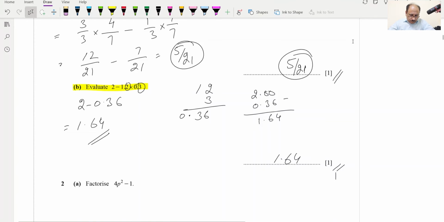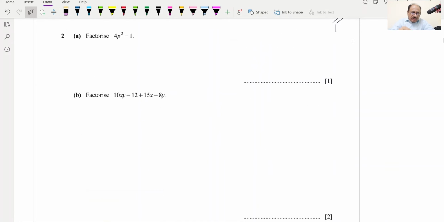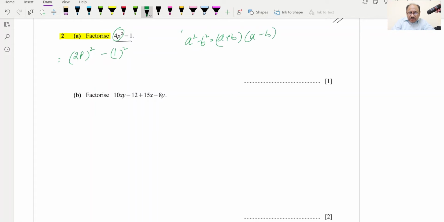Now question number 2, factorize. We have to take the maximum common factor from this expression, but there is basically nothing common in it, so we will apply the formula. We can see this part can be written as 2p whole squared, and minus 1 can be written as a square, and we have the formula a squared minus b squared equals a plus b and a minus b.